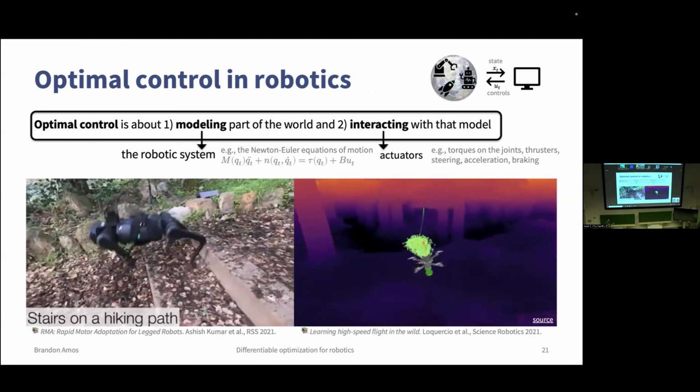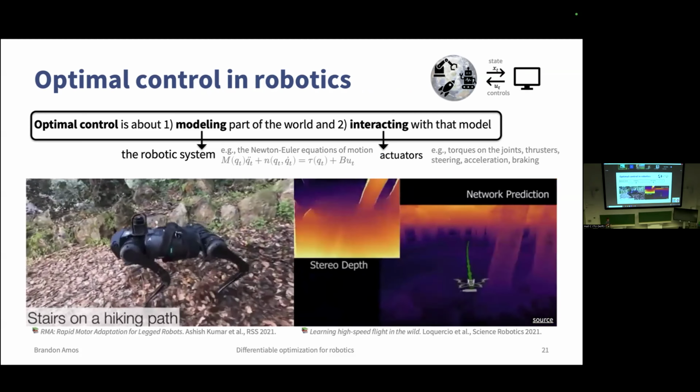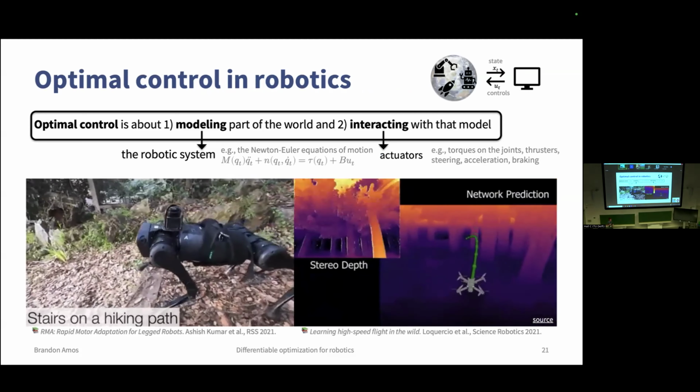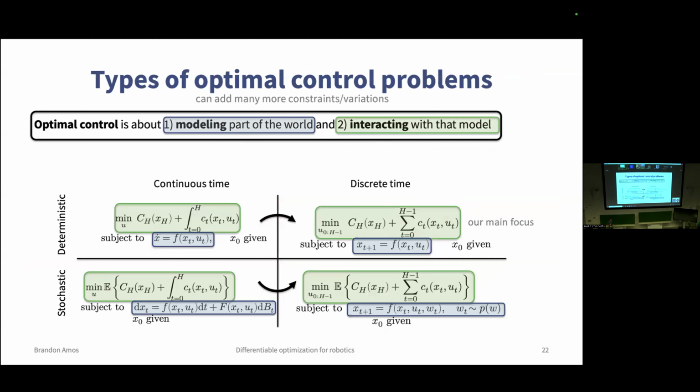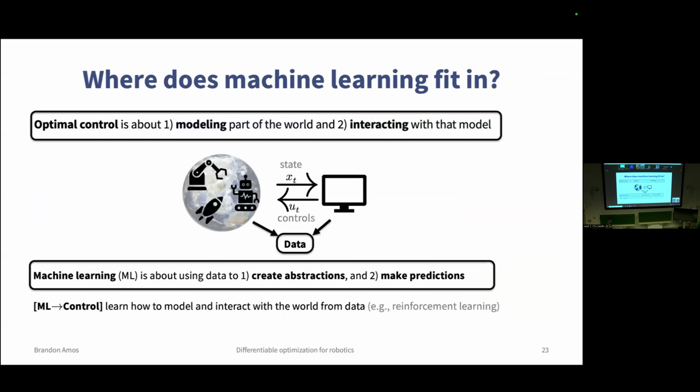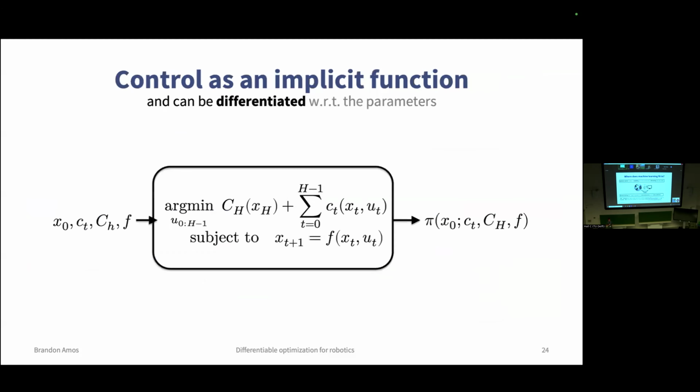And I'm sure you all have seen many examples of controllers. I'll skip over this. There are a lot of types of control problems. This is mostly shared with what I had earlier.